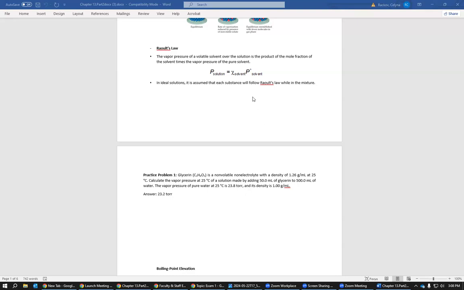So you need to find the mole fraction of the solvent here.